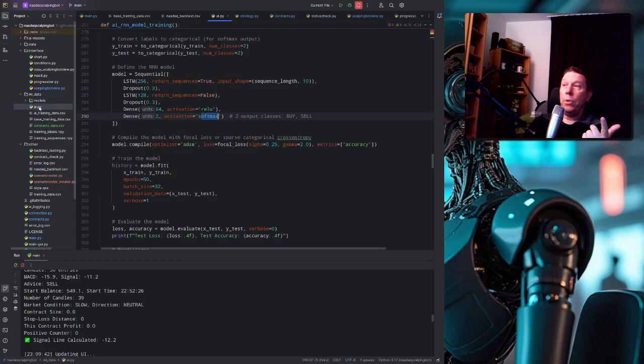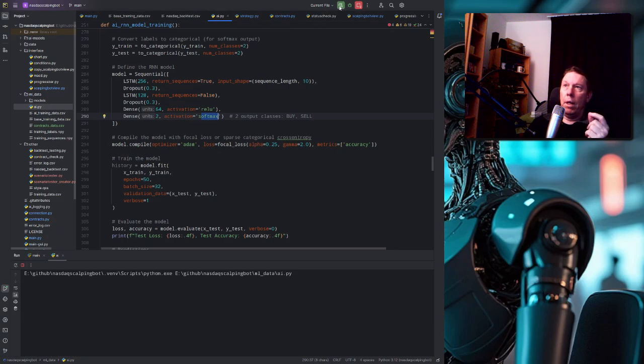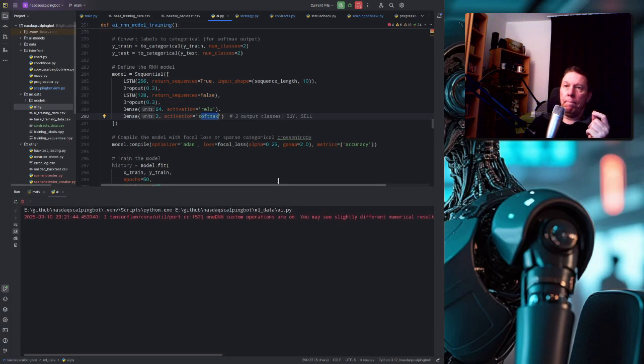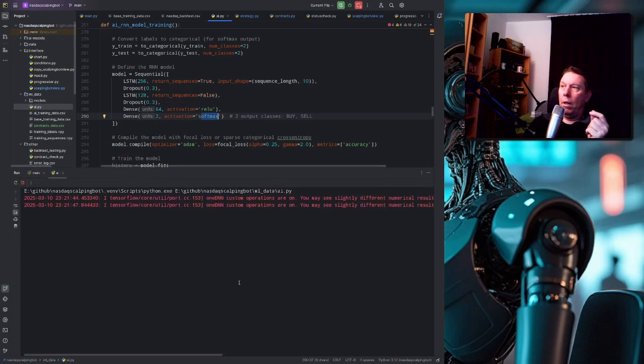Now can I show you the AI Pi? It's running separately, it has its own main. Here you can see we've got it running.